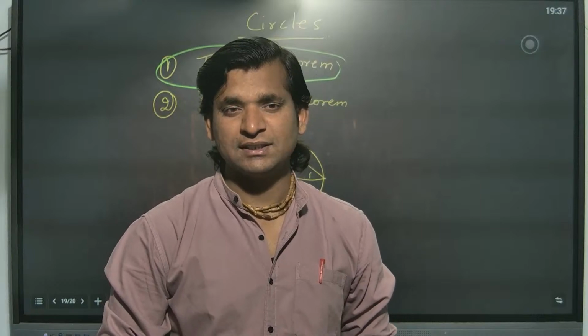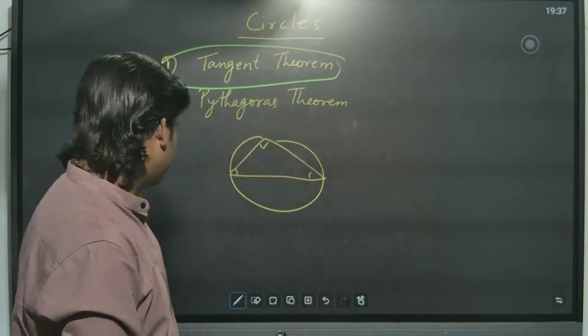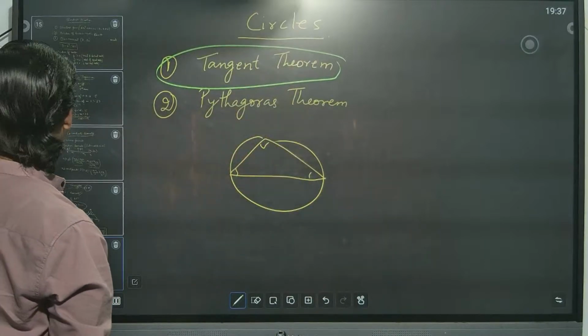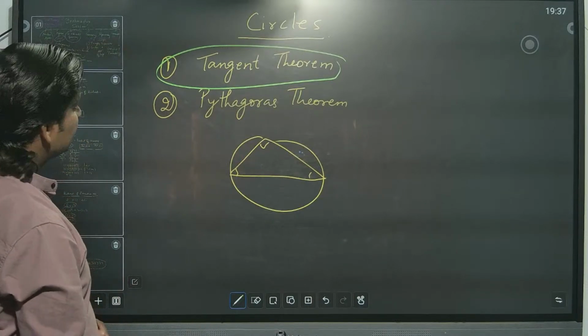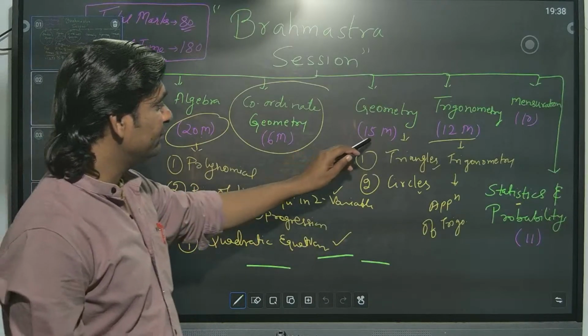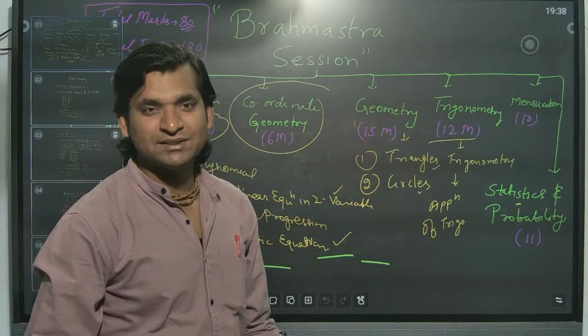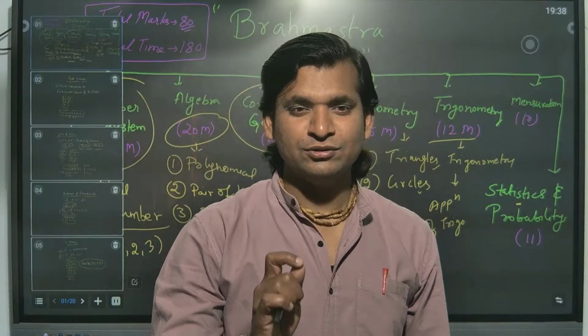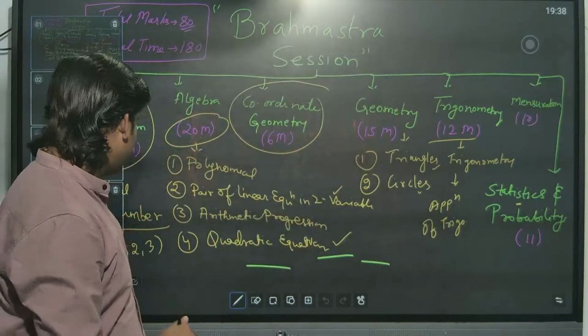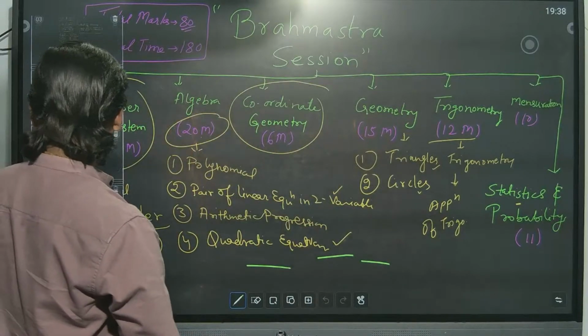triangles or from circles, because from geometry, yesterday also I told, how many marks it carries: 15 marks only from these two chapters, triangles and circles. So you have to give proper attention to these chapters only.